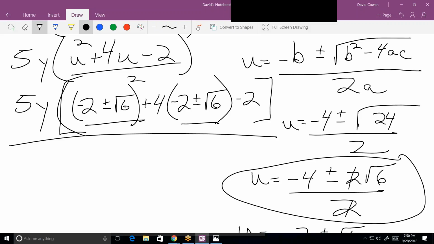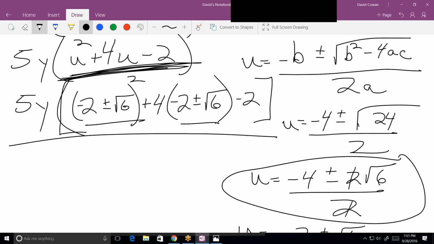If this was u squared plus u minus 2, then it would be relatively easy, because we'd be able to factor it using u substitution. But they made it a quadratic that couldn't be factored without using the quadratic formula, which makes the problem super tough.